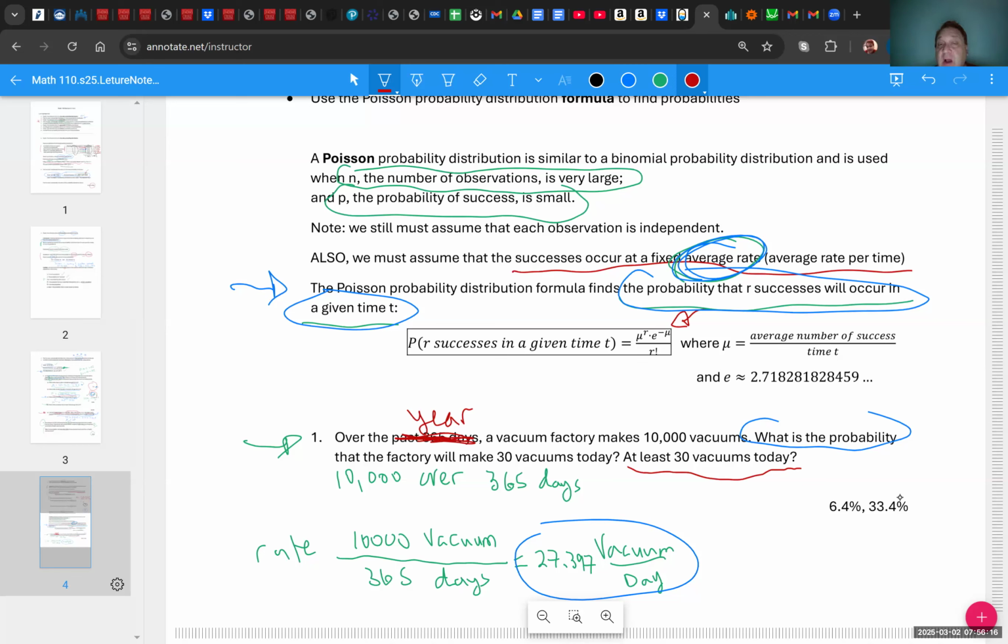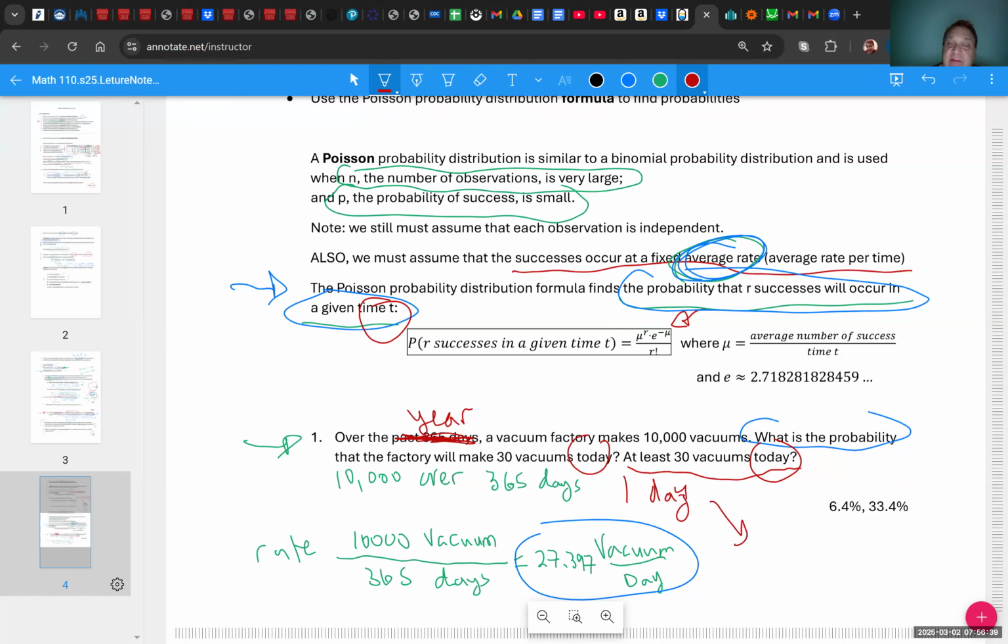So focus on the question. The question talks about today. Today is one day. Today is not 3 days. Today is not a year. So we're trying to use the Poisson formula to find the given time of one day. That means your average has to be in days.